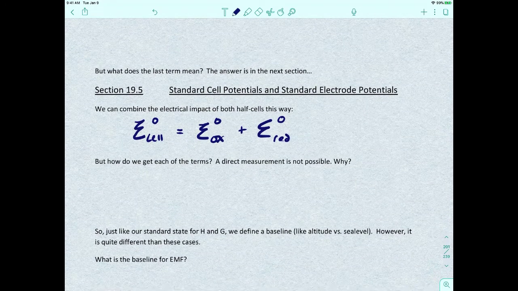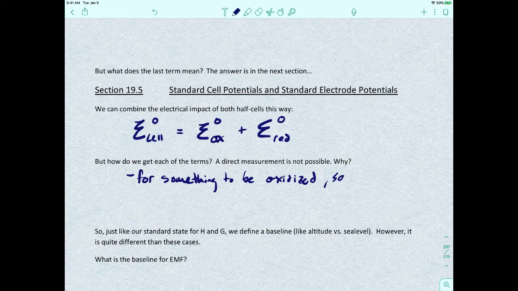A direct measurement's not going to be possible because in order for something to be oxidized, something's got to be reduced too. Okay, and you can't do one without the other.